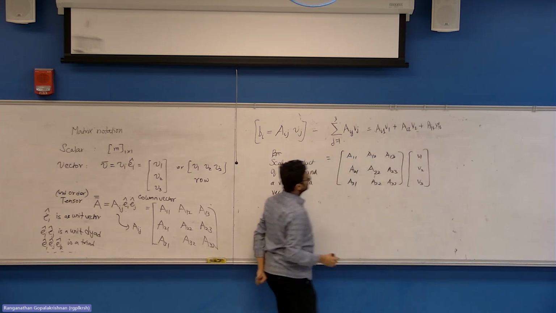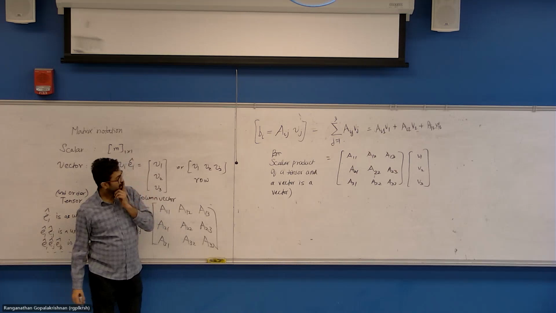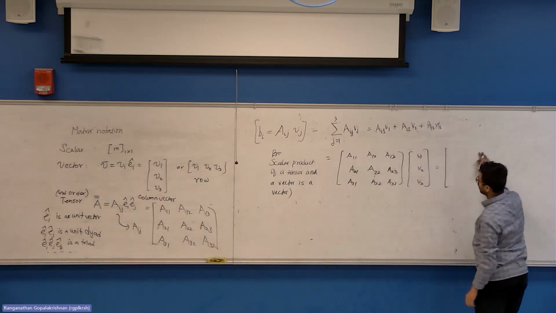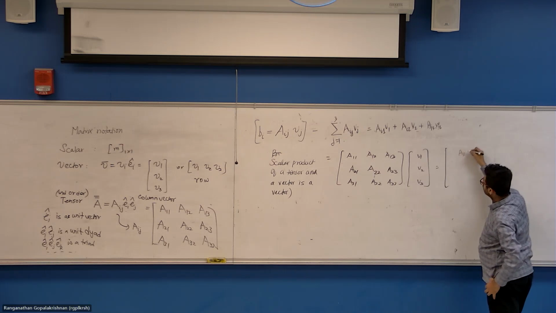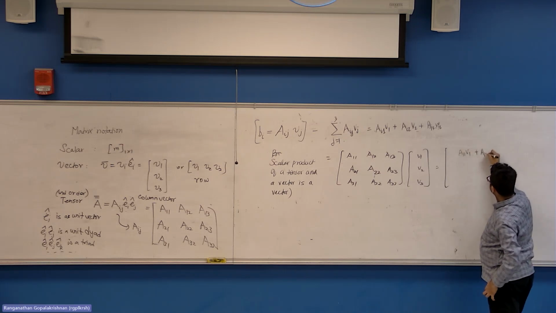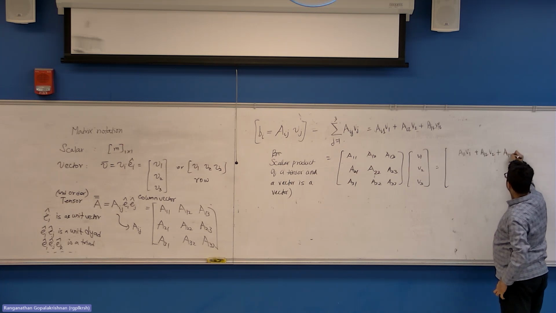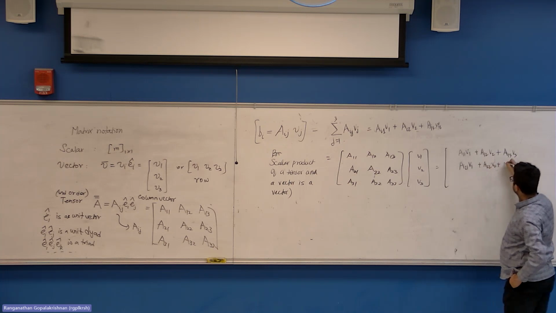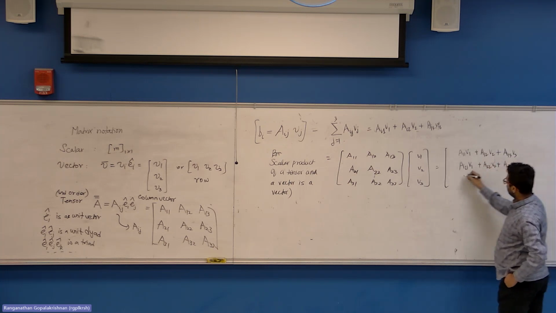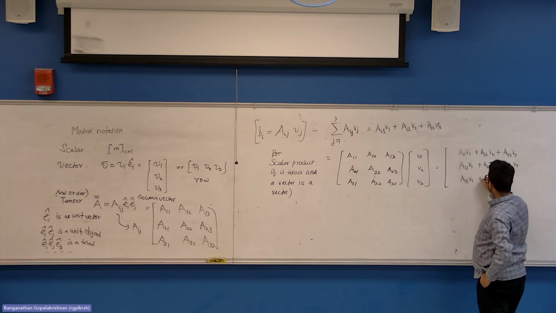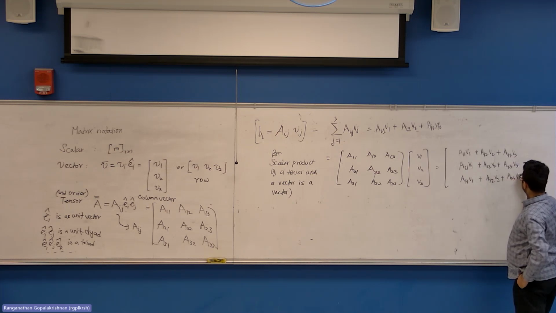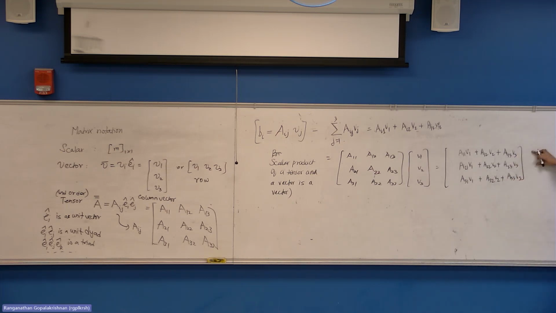So the same quantity, you are going to get a vector which is A11 V1 plus A12 V2 plus A13 V3, same for 21 V1 plus 22 V2 plus 23 V3, and 31 V1 plus 32 V2 plus 33 V3. This is a vector.